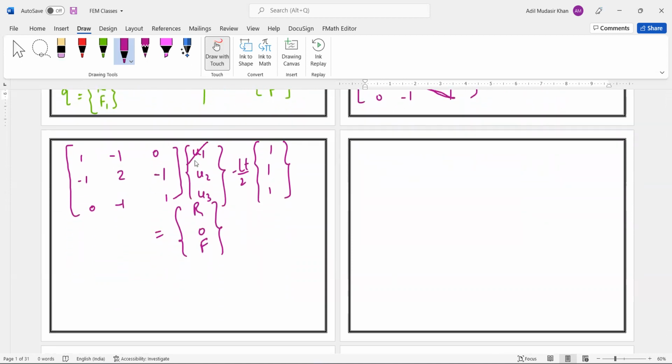We know U1 is equal to 0 because this point is fixed. So from this equation, we can calculate R and F in terms of U2 and U3.